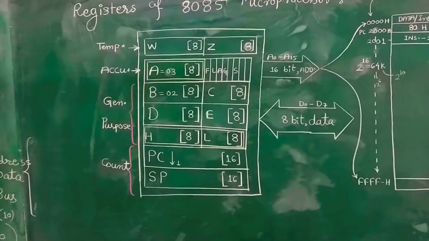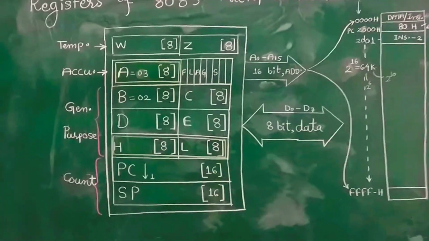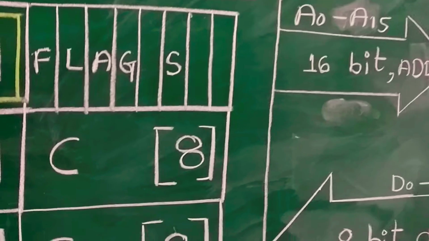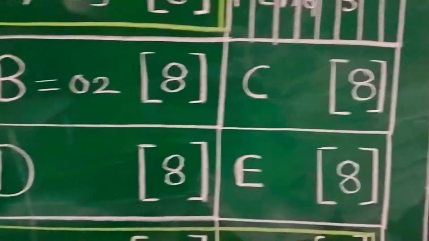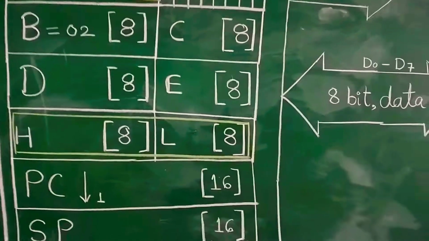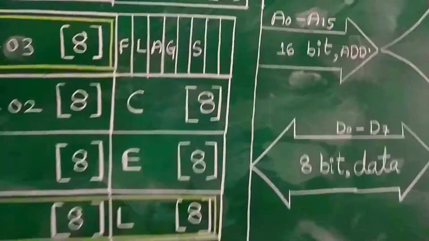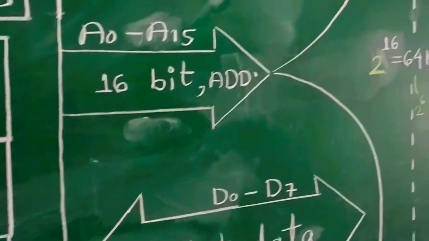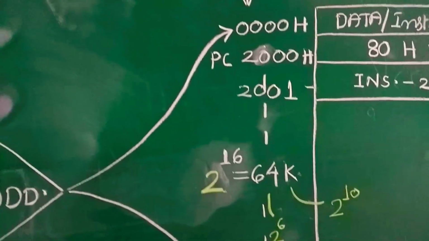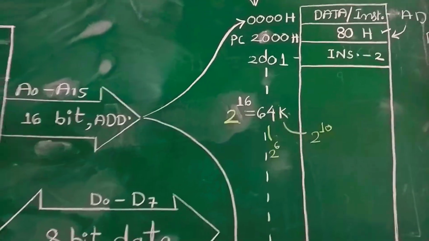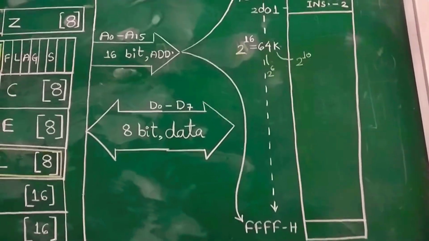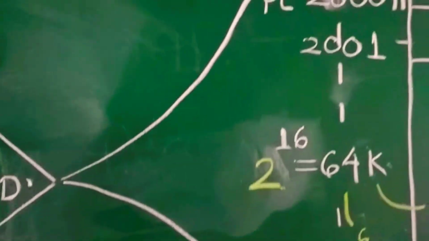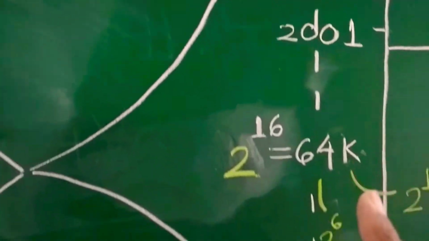Thus this PC is actually pointing out the address, which means this PC, as we have seen, is connected with the 16-bit address bus. And these addresses range from 0000 to FFFFH, pointing out the different locations.